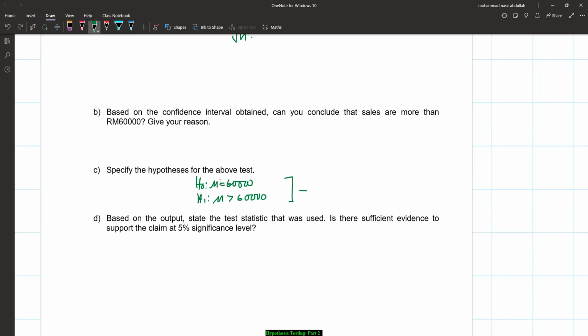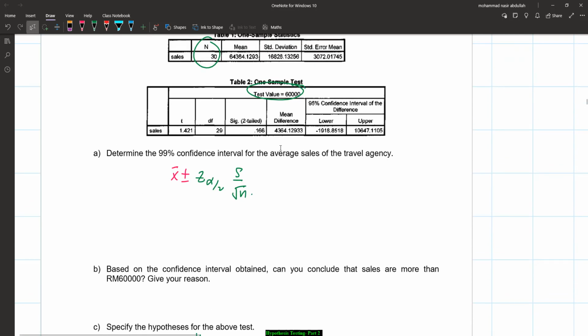So based on the output, state the test statistic that was used. The test statistic used is the t statistic, or t distribution. Is there sufficient evidence to support the claim at the 5% significance level? So we look at the p-value.